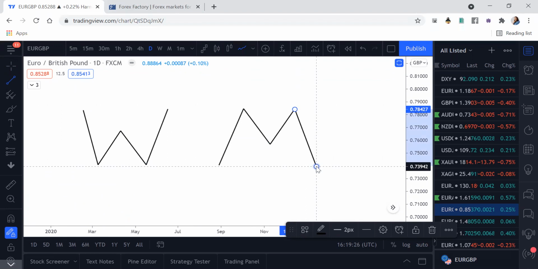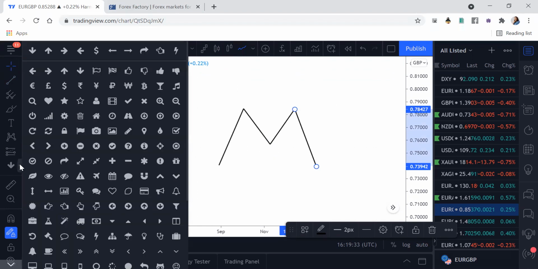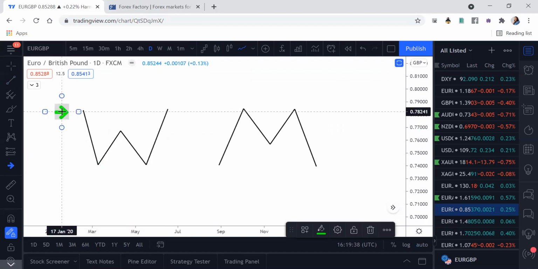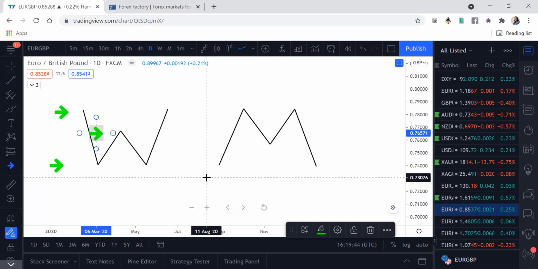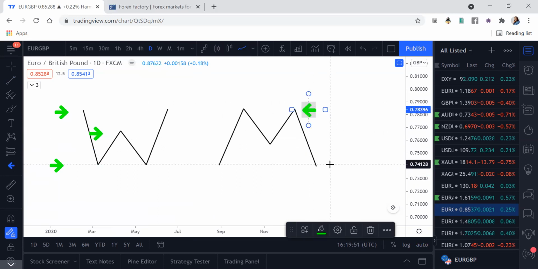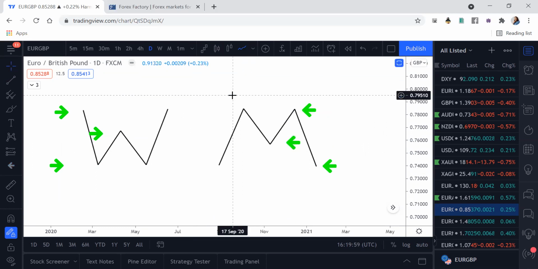So you have the W and you have the M here, and there are three components that you're interested in: the top, the bottom, and the middle. Top, bottom, and middle. Same thing for the M: top, bottom, and middle. Those are the three components that you're interested in for the M and the W.